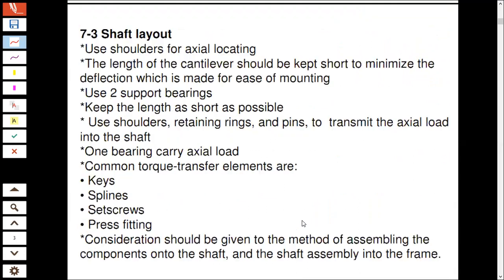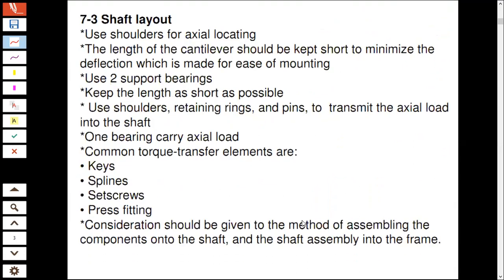Now, as far as the layout of a shaft is concerned, it is regarding the length of the shaft and the components that are mounted on the shaft.